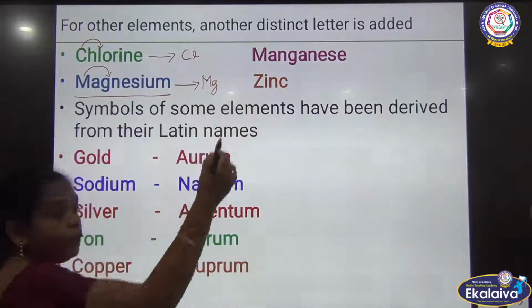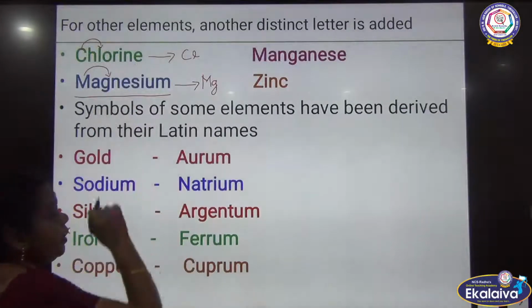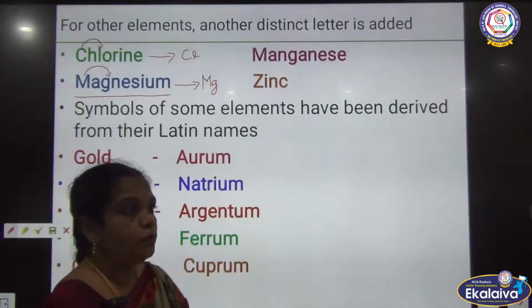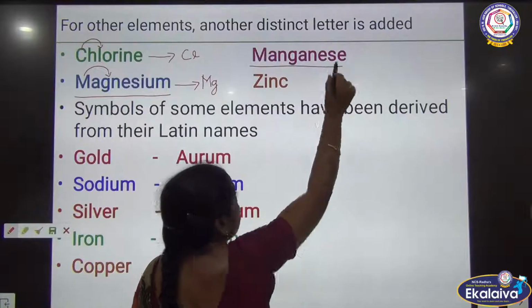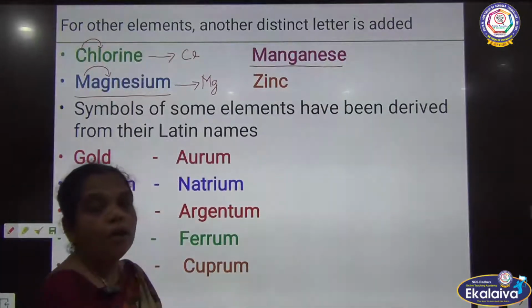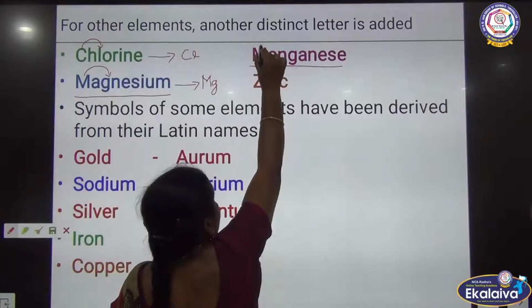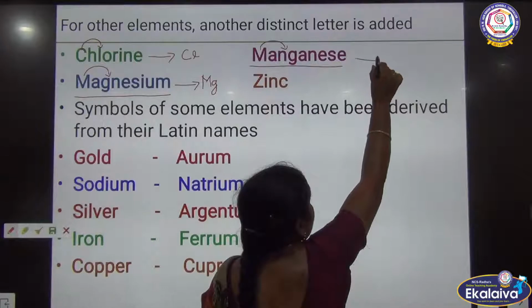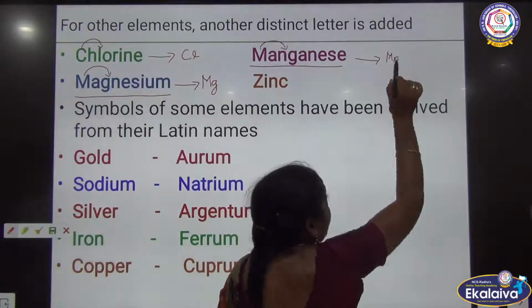Similarly, manganese. If you take the first two letters, it is Ma for manganese as well as Ma for magnesium, so we follow this rule by taking the distinct letter. So manganese. What is this called? Manganese. The first letter is M and the third letter is N. So the symbol for manganese is Mn.